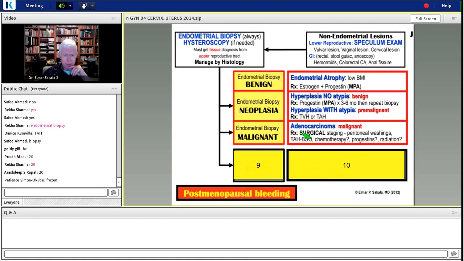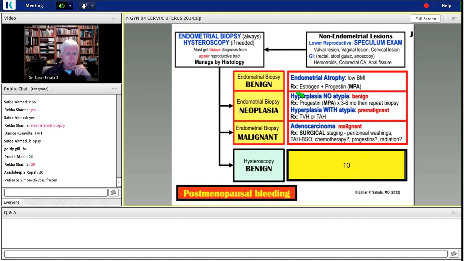I'll show you some pictures of that. And then, based upon what the stage is, stage 1A, stage 1B, stage 2, stage 3, whatever, we may do chemotherapy. We may give progestin, such as MPA, or we may give radiation. But the cornerstone of therapy with endometrial carcinoma is TAHBSO.